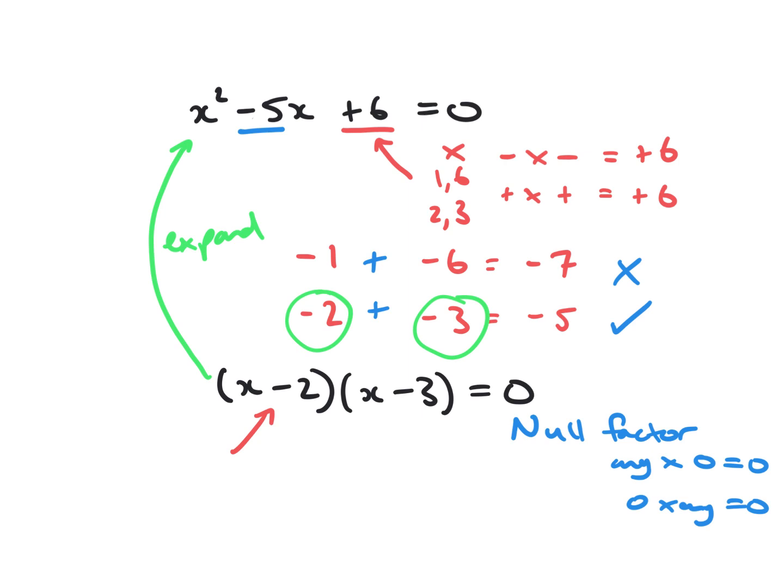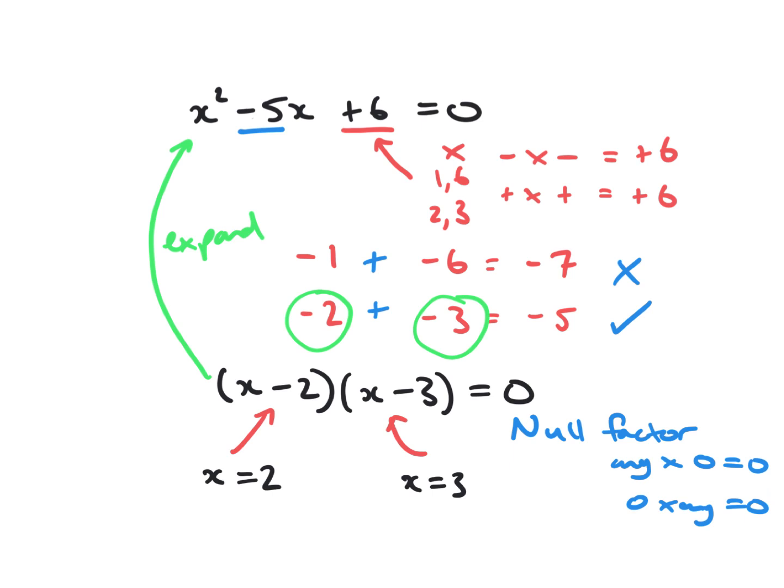Well, x minus 2, what number take 2 gives you 0? There's only one result there. x is equal to 2. Looking at the second bracket, x minus 3, what is the only value you can put and subtract 3 and get 0? Well, that's x is equal to 3. So there are our two solutions.